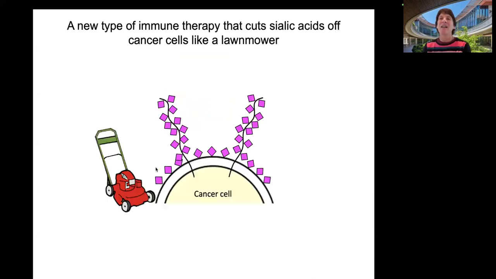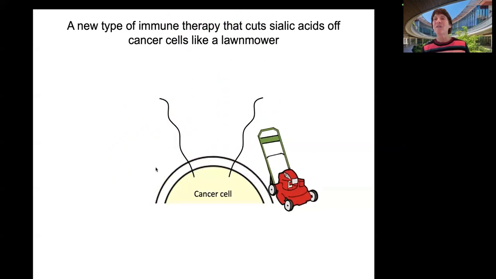And the idea we had is to make a new generation of immune therapies that are basically like lawnmowers. The idea was, let's make a drug that parks on a cancer cell, not on a healthy cell, but just on a cancer cell, and that will drive around on the surface of the cancer cell and literally cut the sialic acids off and throw them away.